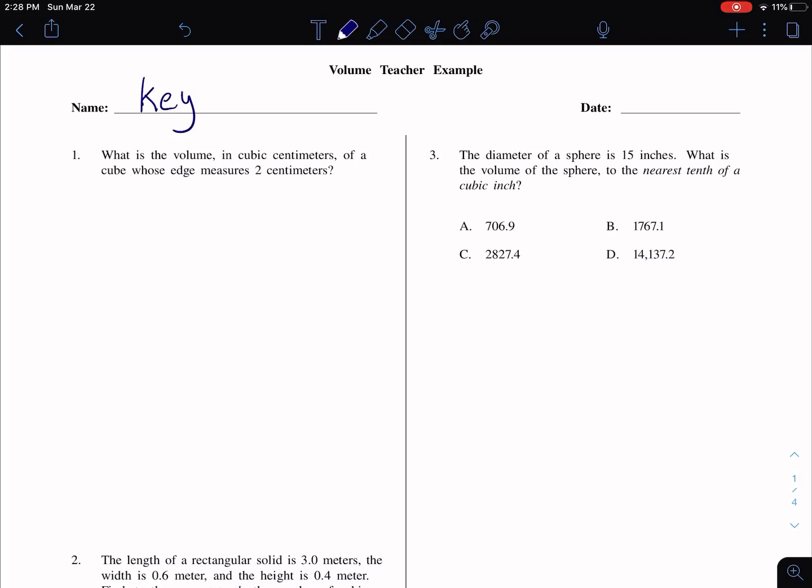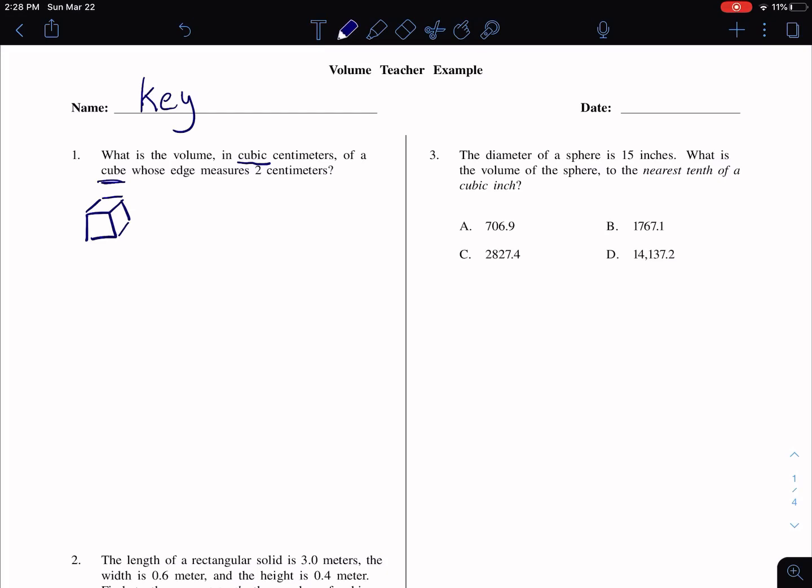So what is the volume in cubic centimeters? Notice they have given us a unit here of a cube which measures 2 centimeters. The key word here is cube, and we're going to start to pick up on a few different shapes, but a three-dimensional shape of a cube, okay, three-dimensional, but all sides measure the same.